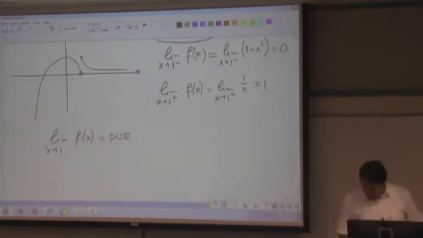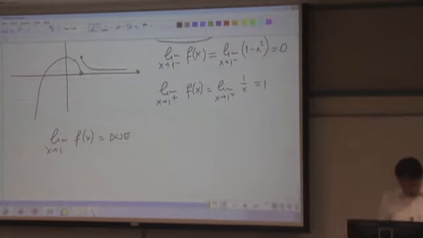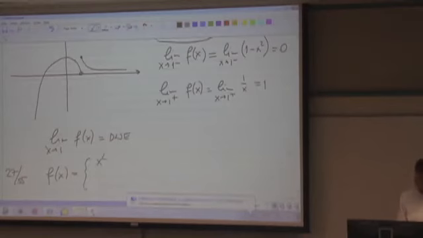Alright, so let's see. How about 27? It says the following. f of x is equal to x squared if x is less than 1, and the square root of x if x is bigger than or equal to 1.